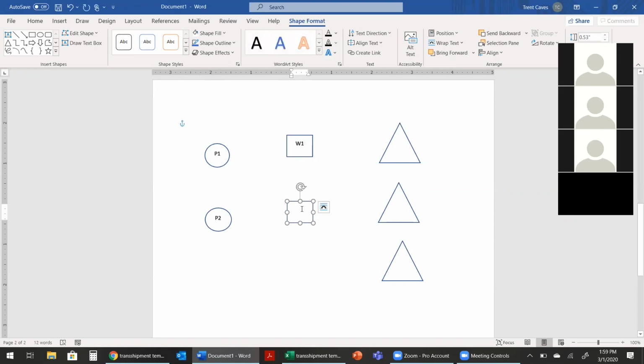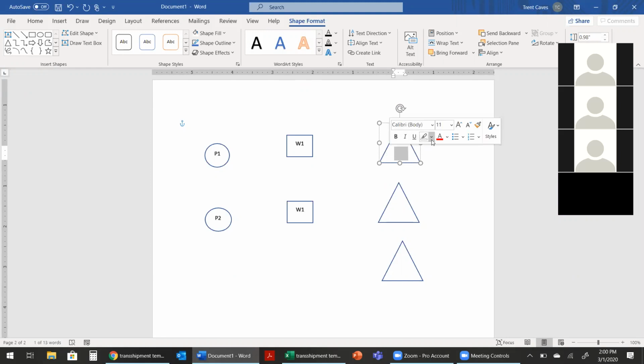And so if you start typing and can't see the text, you can just go up to Word Art Styles and select the first icon. Or as it's highlighted, just change the color.